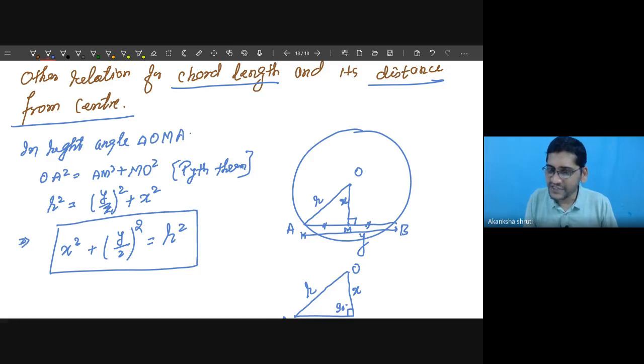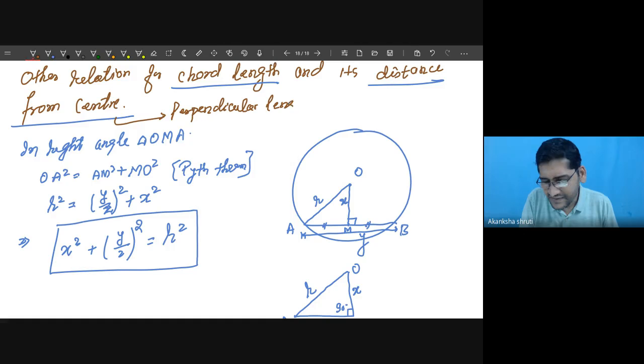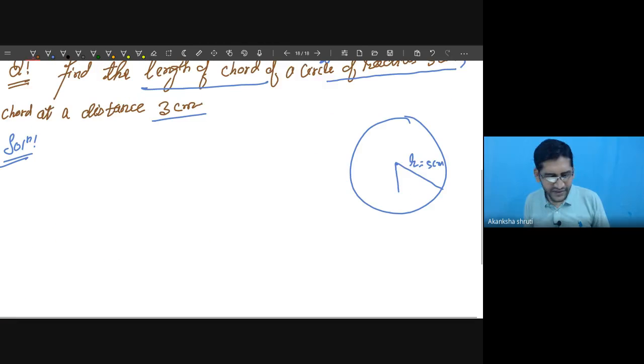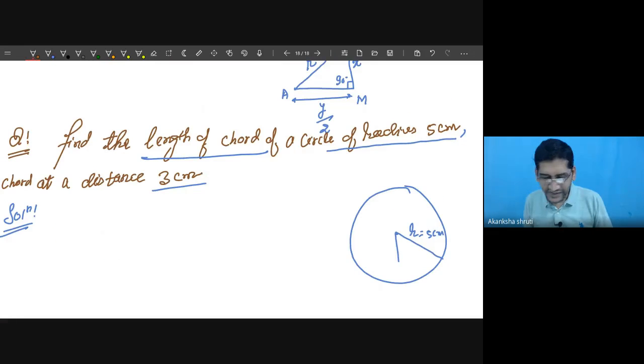So, distance from center always means it is the perpendicular length from center to chord. Center to a chord, that is called the distance. Okay. So, in this case, we are given the distance. This distance is 3 centimeter.